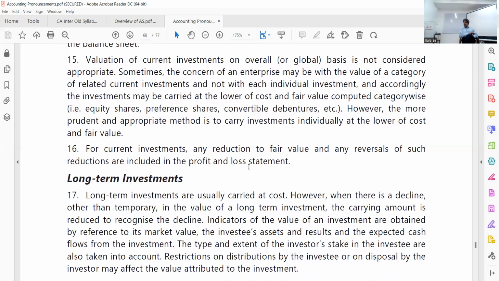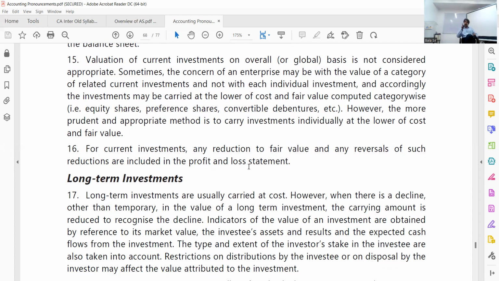This is for current investments. What is the rule? The carrying amount of current investments will be the lower of cost and fair value. And what is the best measure of fair value? The market price. In case investors have an active market, the market price will be the best measure of fair value. And para 16 says how to account for the reduction. The 100 rupee asset is coming down to 90.